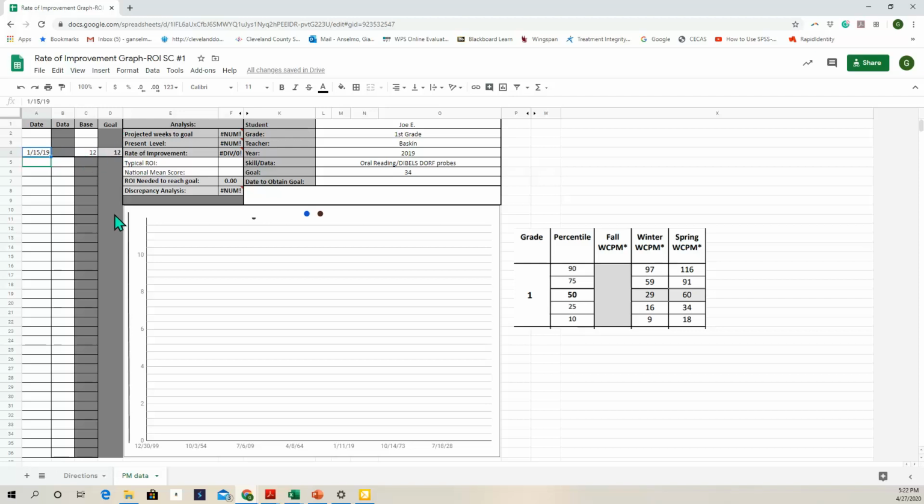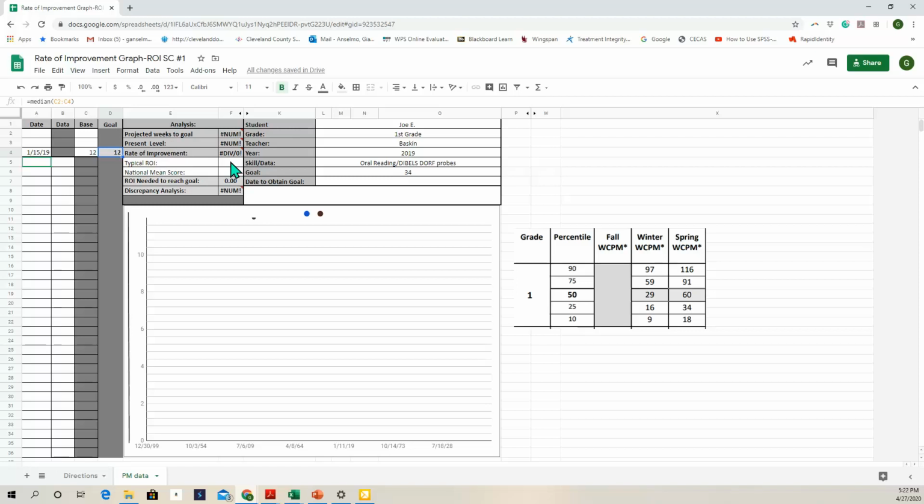Now, this goal column, it'll make more sense in a second, but what that does is it pulls over the median of these 3 data points so that this is going to draw our aim line for us, okay? And that's after we decide on an appropriate goal. Now, just for orientation, let's look at these boxes over here. Everything that's in gray or darker gray, the projected weeks to goal, present level, rate of improvement needed to reach goal, and discrepancy analysis, you don't have to do anything with those boxes.